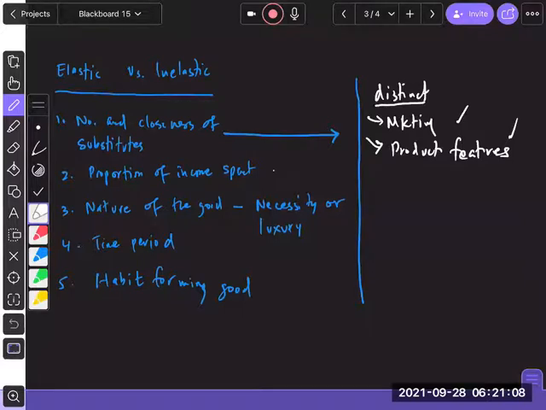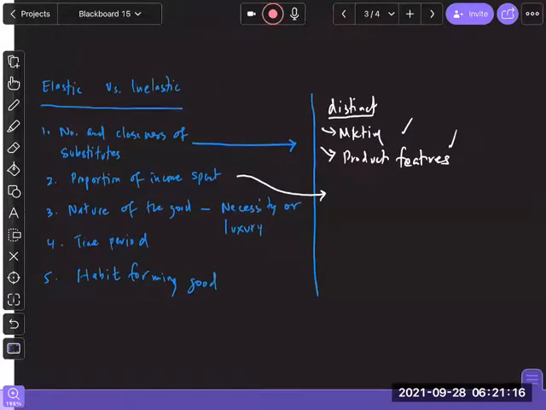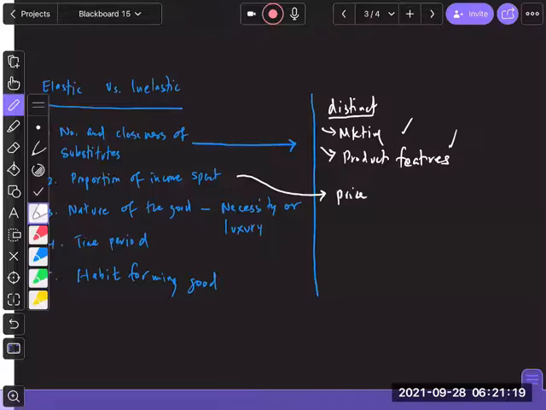Then it's proportion of income spent, which means that expensive goods will tend to be more elastic than inexpensive goods. So maybe by lowering price, we can make the proportion of income go down and make it more inelastic, like a matchbox is inelastic, and so on. Got it? Then comes the nature of the good. If it's a necessity, like a vaccine, then it is going to be inelastic in demand.